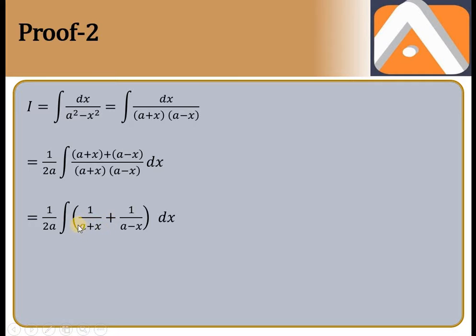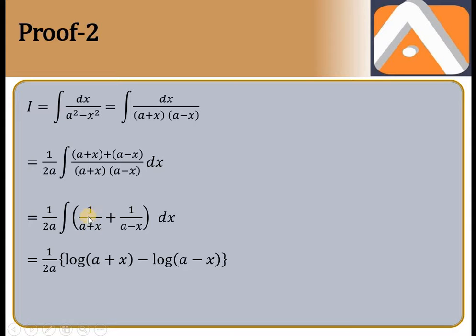So the integration of 1 upon x is log x. Here also the integration of 1 upon x is log x. But after finding the integration, you should divide by the derivative of the entire function. We have studied that the integration of f of ax plus b is capital F of x upon a.